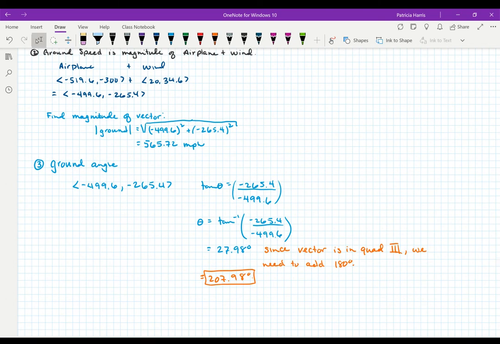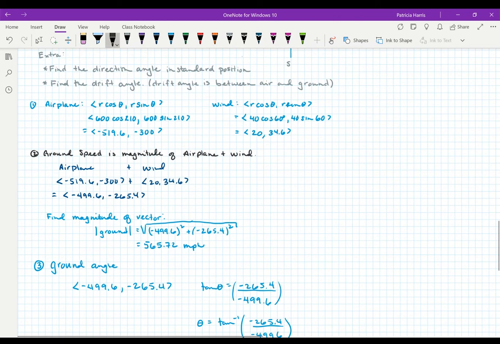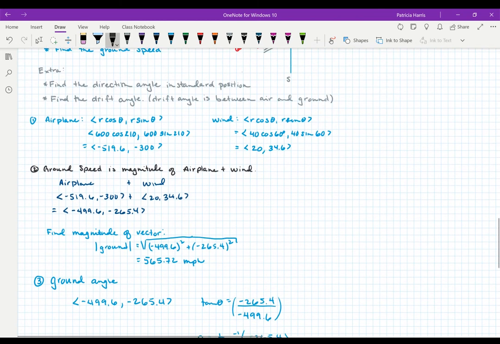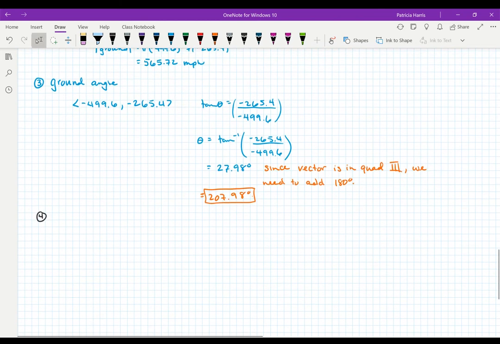All right. So fourth part. We want to find the drift angle between the air and the ground.